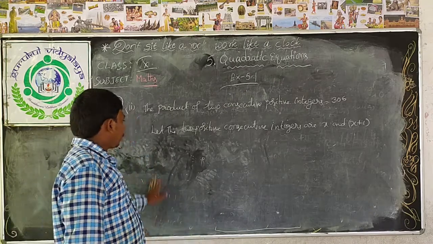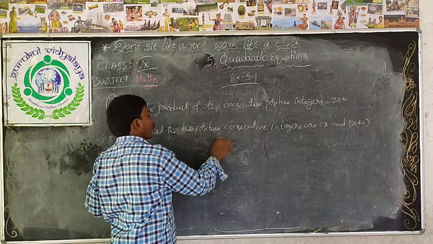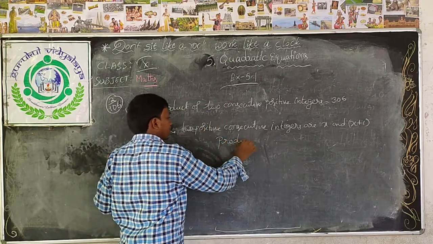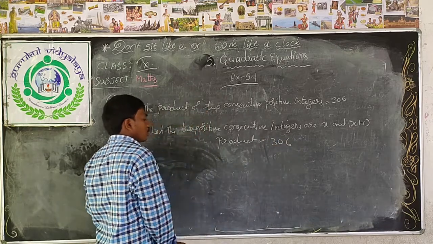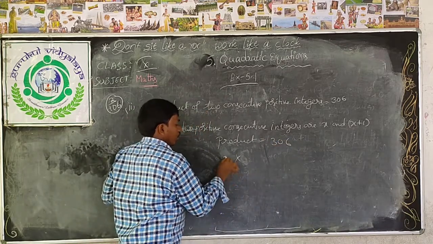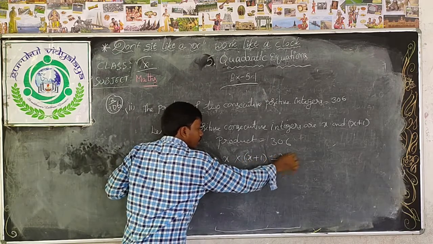See, children, the product is given. What is the product of the consecutive integers? 306. Product means multiplication. The first one x into x plus 1 is equal to 306.